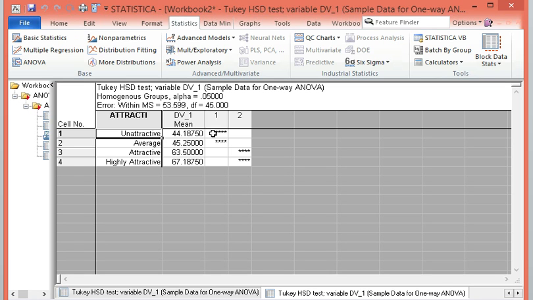In terms of social desirability ratings, it seems that there is homogeneity among the unattractive and the averagely attractive, and homogeneity in social desirability ratings for the attractive and highly attractive. Okay. So that's all that we can discuss so far for one-way analysis of variance in the context of repeated measures design.